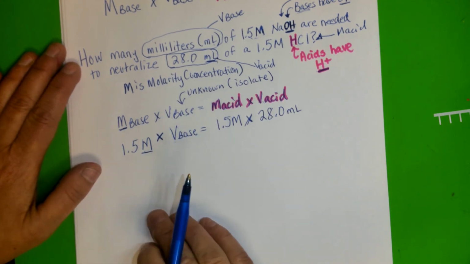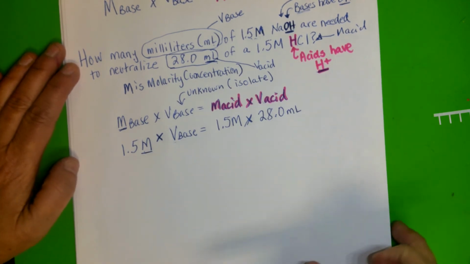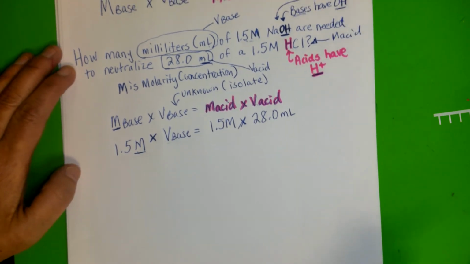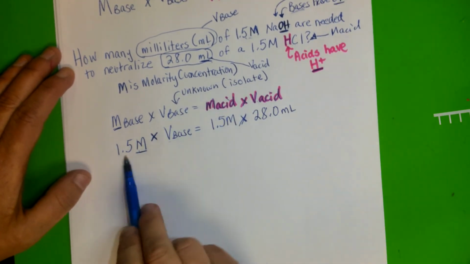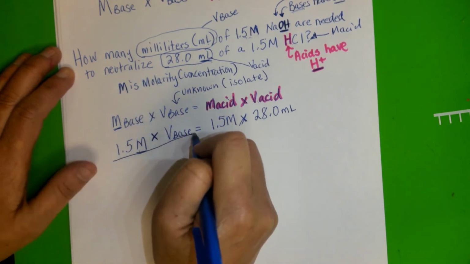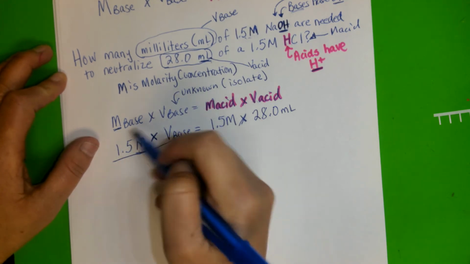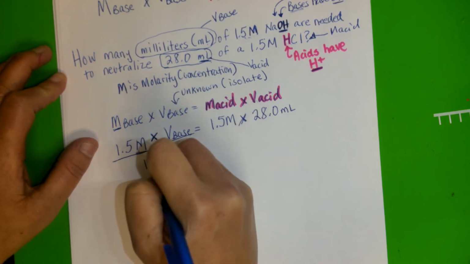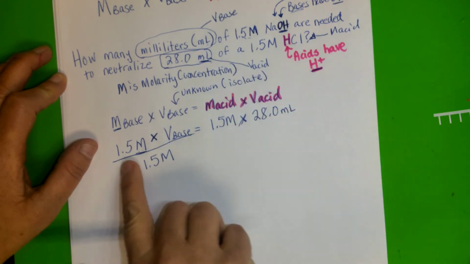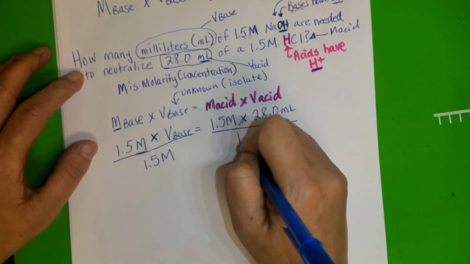Especially next year, when you're going to be doing physics, you're going to do a lot of calculations, and the rules apply the same. This is multiplication, so you're going to divide the whole thing by the number you want to move, which is the 1.5 molarity. Whatever you did here, you do the same thing to the other side.